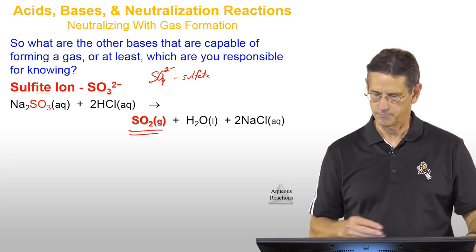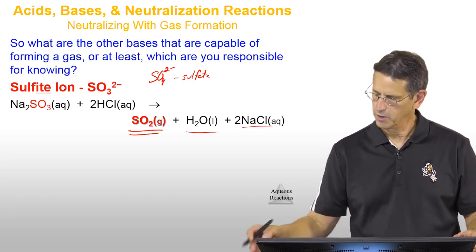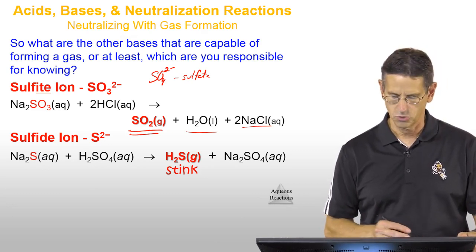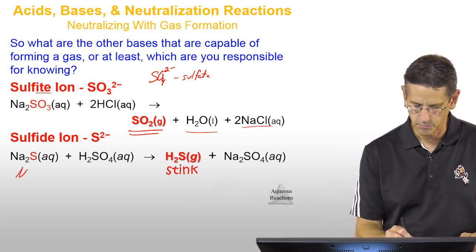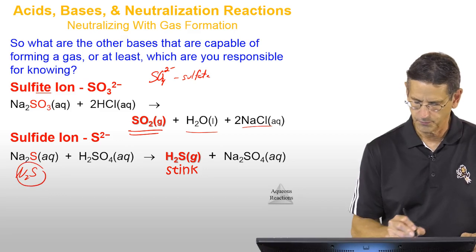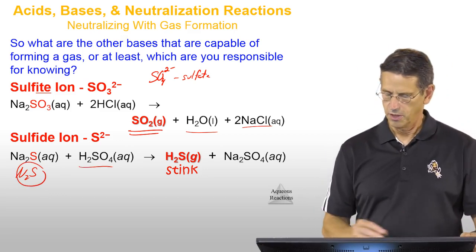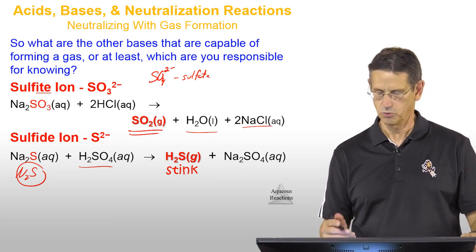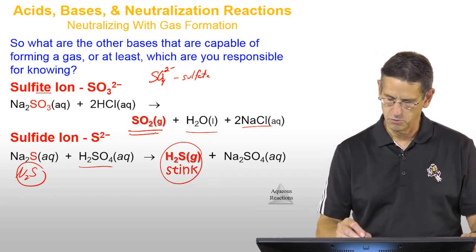So there's your gas, plus the salt plus water. And then the second one is the sulfide ion, S2-. So sodium sulfide reacts with an acid, and you get hydrogen sulfide. That's that sulfur-smelling gas, really stinks. So here's your two gases.